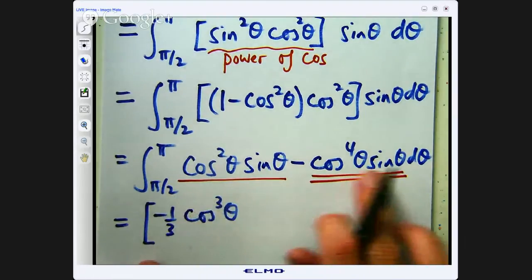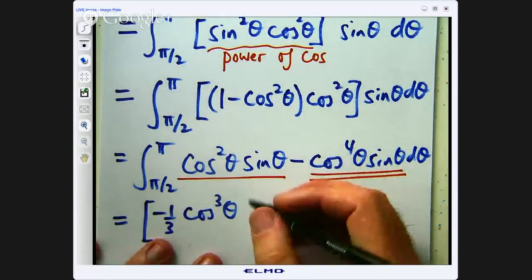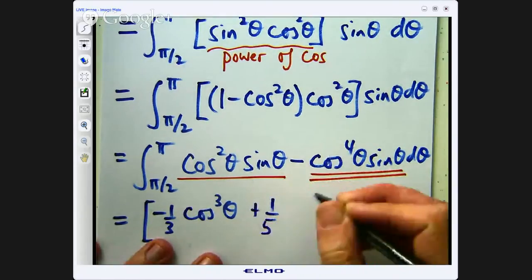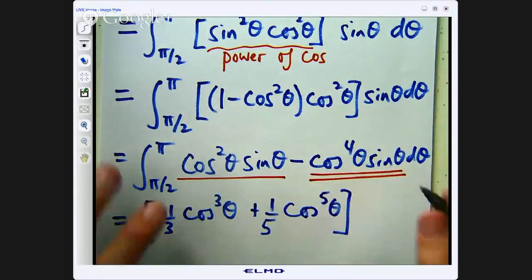Over here, it's going to go to something like cos to the power 5. You've already got a negative sign out there. You're going to get this.